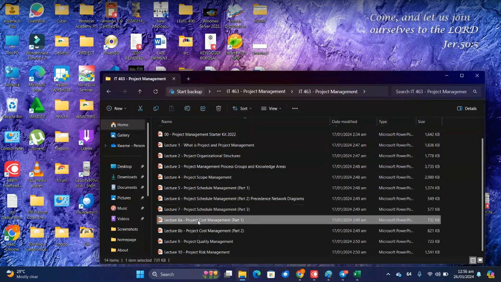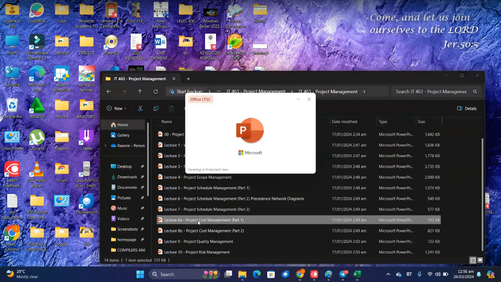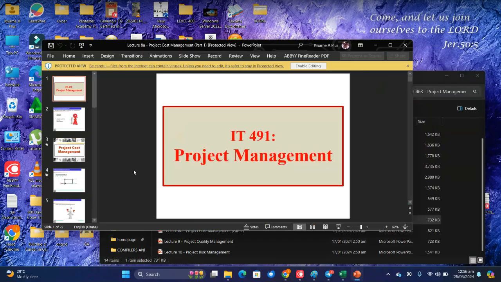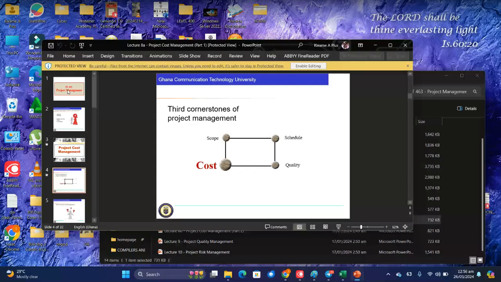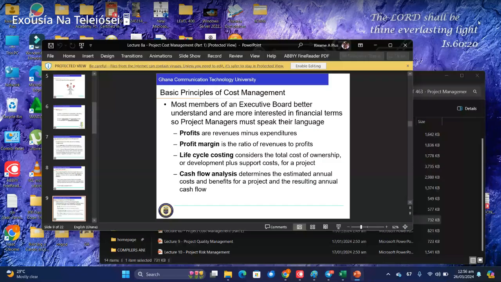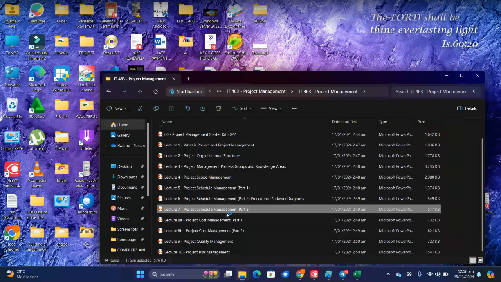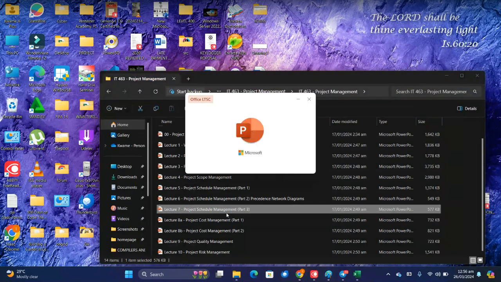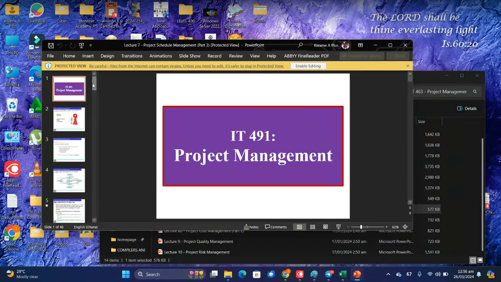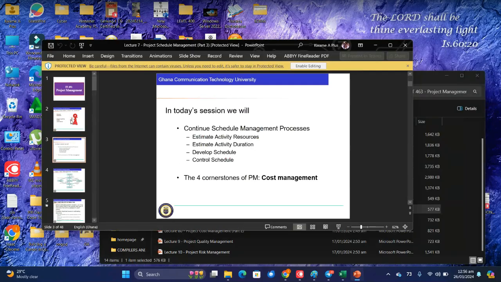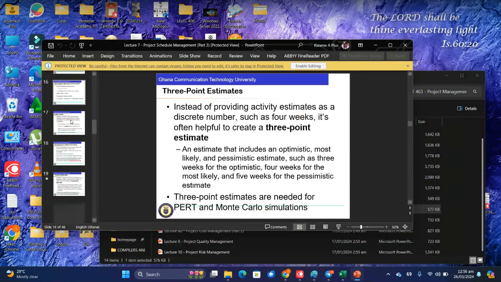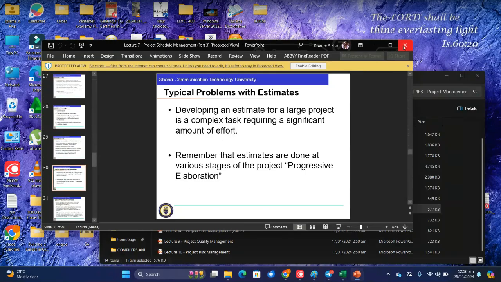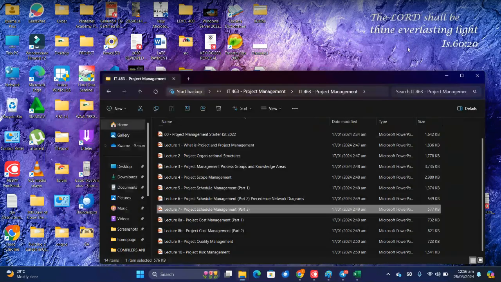Let me see if I'm right. Oh no, that is cost. What's happening? It should be this other one. Yes, that's the 48-page slide. So I think we have one more slide on schedule management to work on.